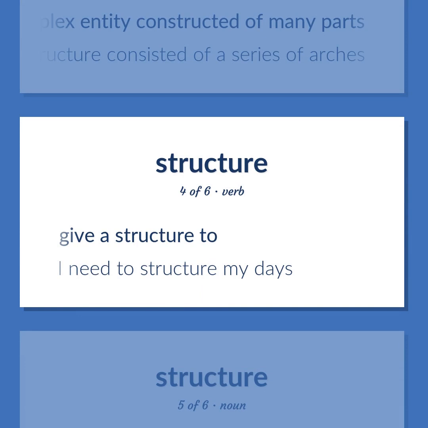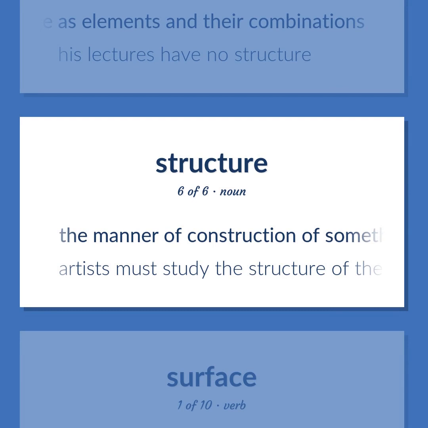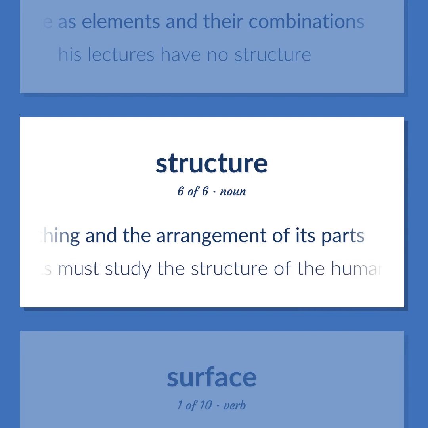I need to structure my days. The complex composition of knowledge as elements and their combinations. His lectures have no structure. The manner of construction of something and the arrangement of its parts. Artists must study the structure of the human body.